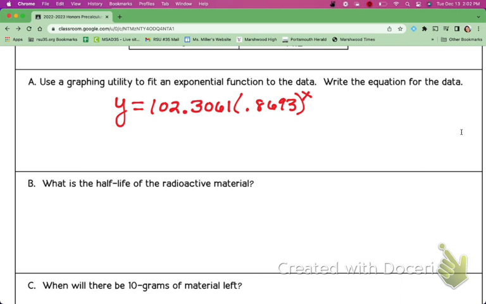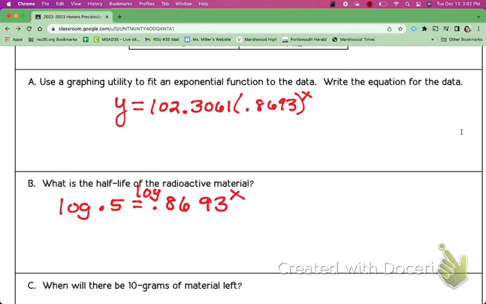Well, instead of doing math, can we just think about whatever this number is, when I would divide this out, wouldn't it just take me to half? So can I just go right to 0.5 is equal to 0.8693 to the x? Because if I were dividing it out, it should get me to half, because I want it to be the half-life. Okay, let's log both sides and divide it out.